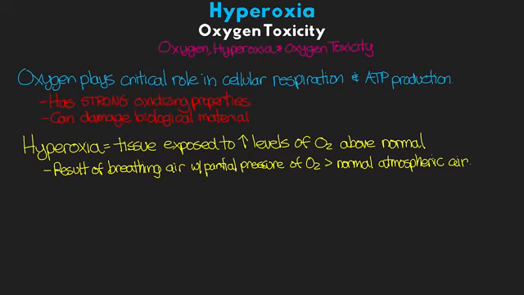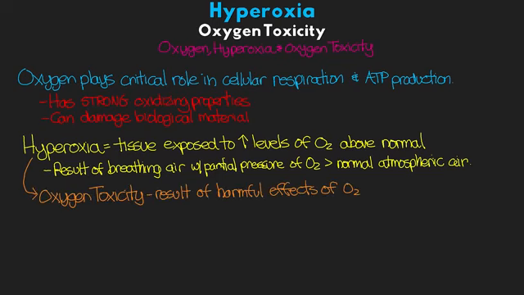Now, hyperoxia, if it's high enough, can lead to oxygen toxicity, and this is a result of the harmful effects of oxygen. Hyperoxia can lead to increased levels of reactive oxygen species, which can interact with tissue, damaging things like lipid membranes, proteins, and nucleic acid.